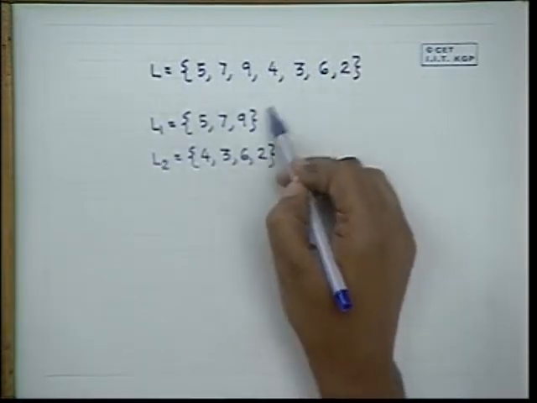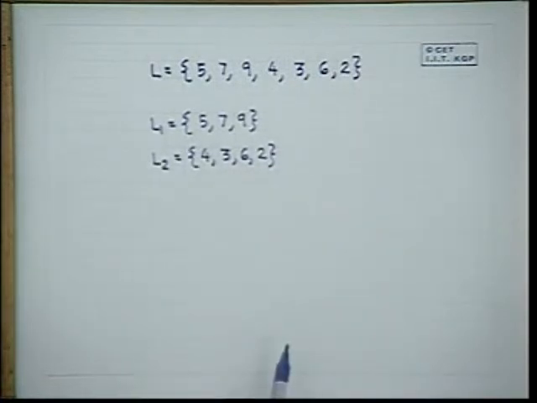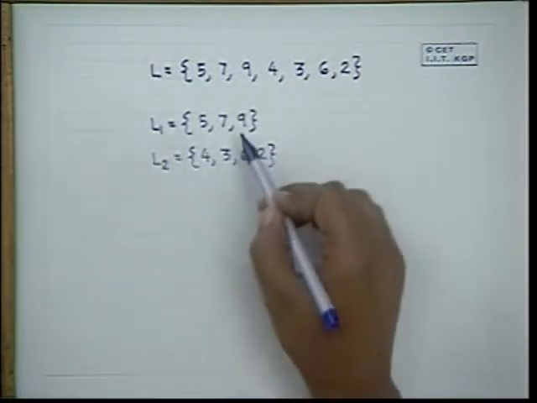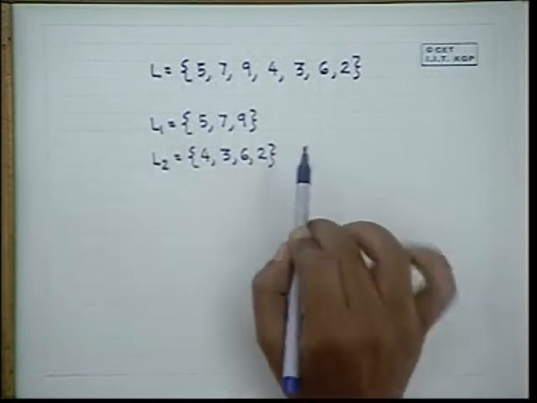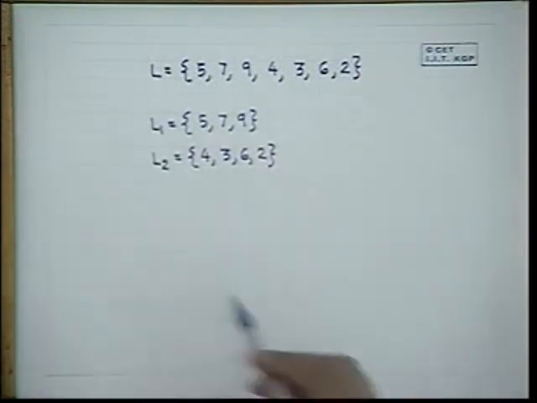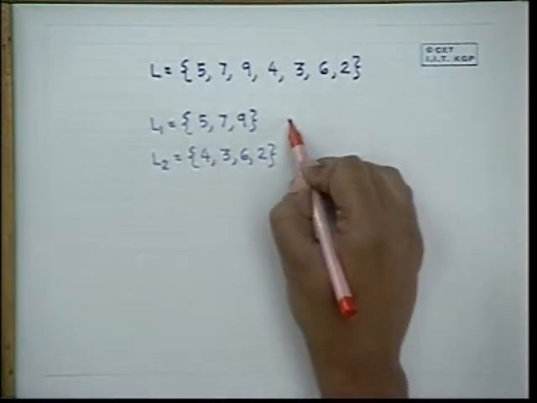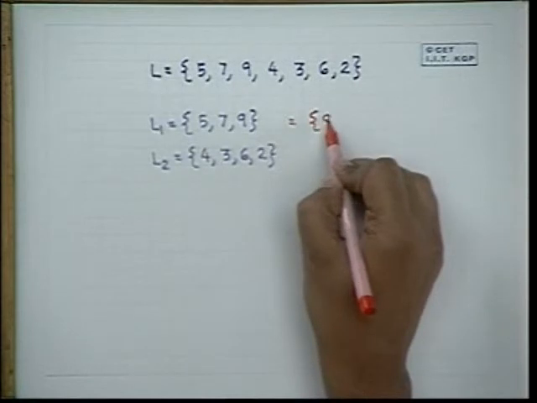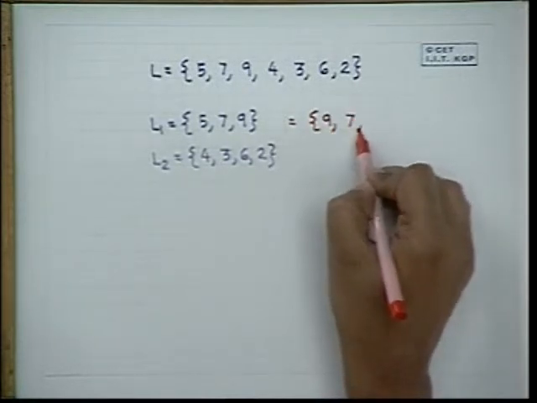Now I inductively sort this and sort this. How I will inductively sort these two, I will see later on. But if I am able to sort this and obtain, after sorting, what will I get? 9, 7, 5.